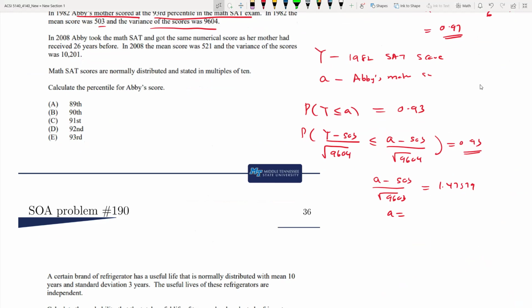From here, I can get A. So A becomes 647.619.